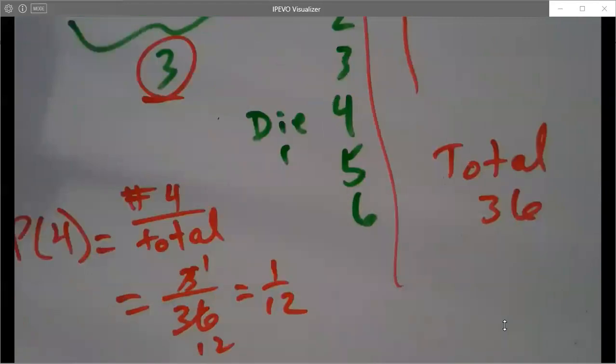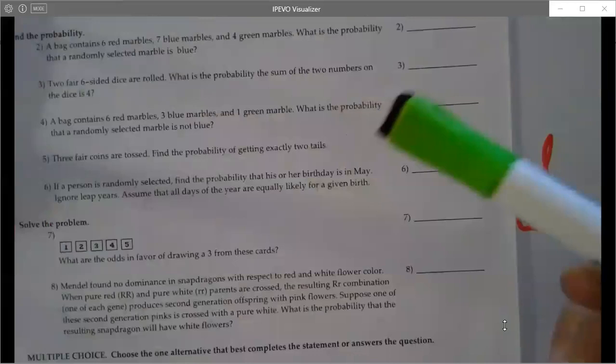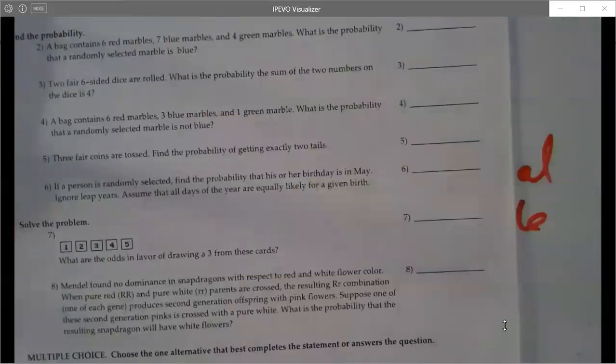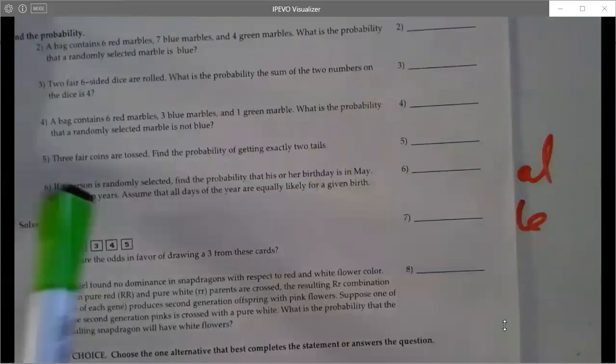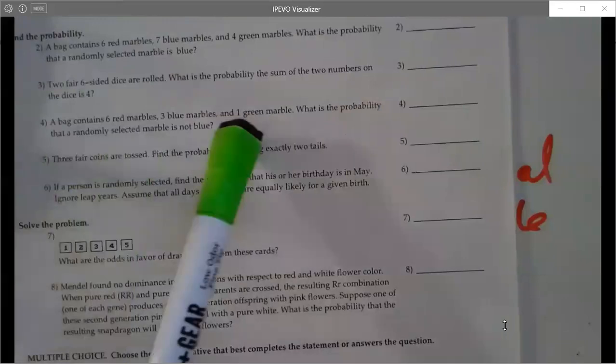So the answer is 1 over 12. Basically, you're looking at 2 dice rolling a 4.